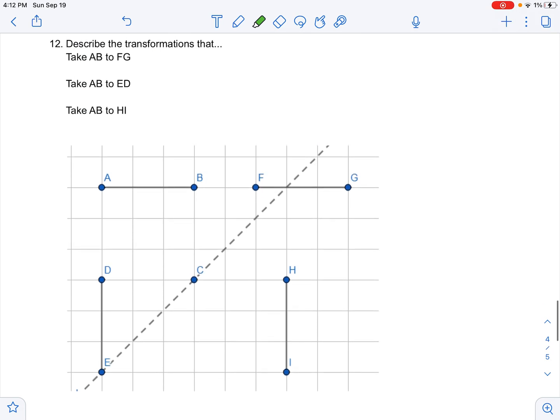Yep, one more. Describe transformations that take AB to FG. So here's AB, here's FG. The lines are parallel. All we've done here is gone 1, 2, 3, 4, 5 units to the right. So I would say this is a translation or a slide, 5 units right.